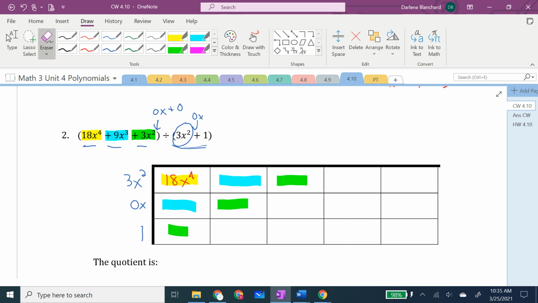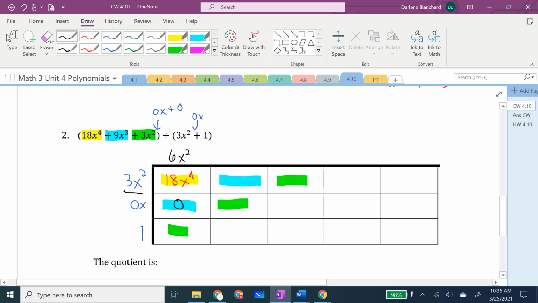I'm going to erase a little bit. Okay. 3x squared times 6x squared will give me 18x to the 4th. When I multiply that by 0x, I'm going to get 0.